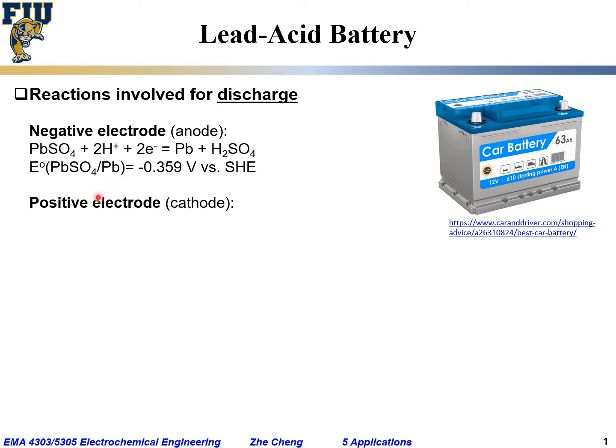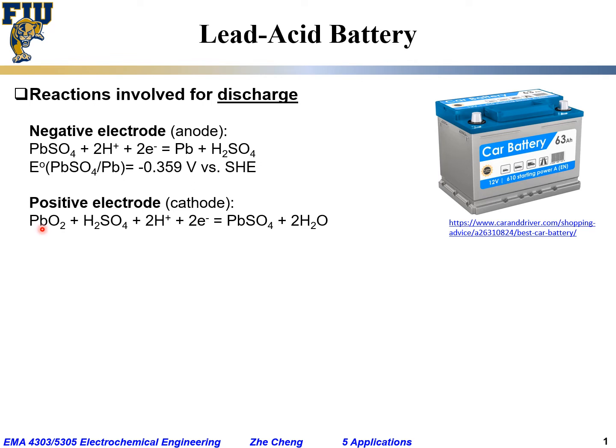On the other hand, for the positive electrode, where electron flows in during discharge, that's the cathode. That's where the reduction is happening. And we write the half cell reaction as this one. Let's check the charge balance. 0 on the left, 0 on the right. And then let's check mass balance.